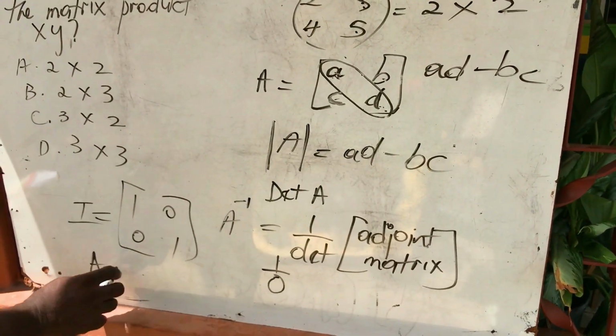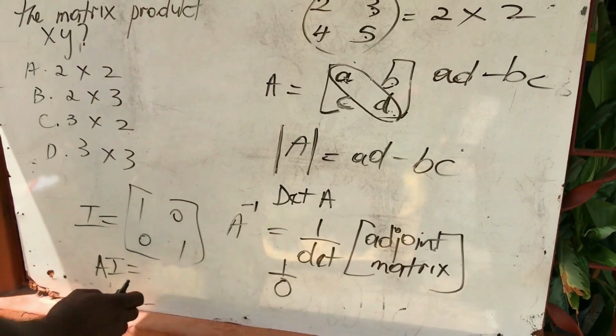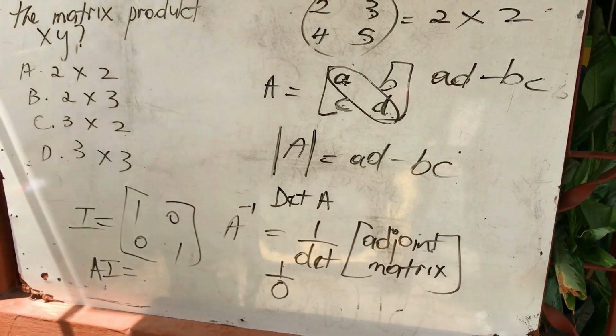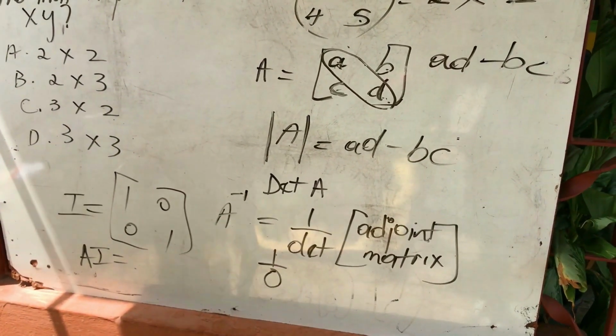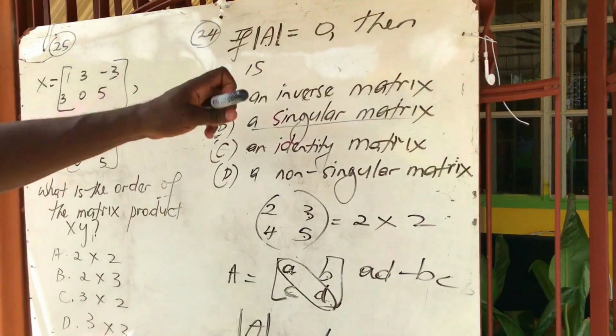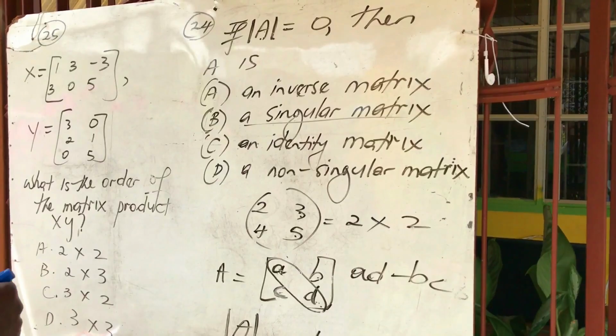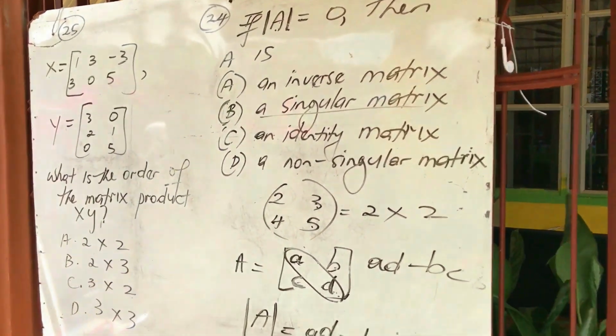So if I have A times the identity matrix, I will actually get back matrix A. Now a non-singular matrix is a matrix in which the determinant is not equal to 0. So clearly our answer is B, a singular matrix.